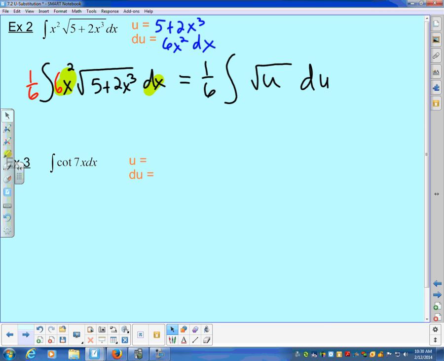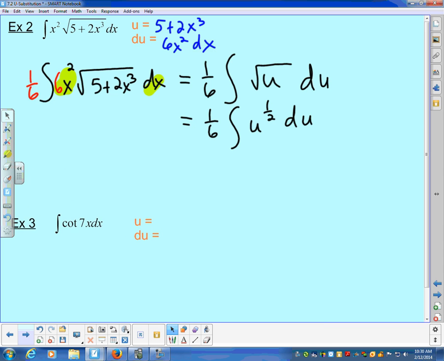All right, so what is the integral of square root of u? Maybe we should think of it this way: what's the integral of u to the 1/2? Raise it up to u to the 3/2, and then divide it by 3/2.